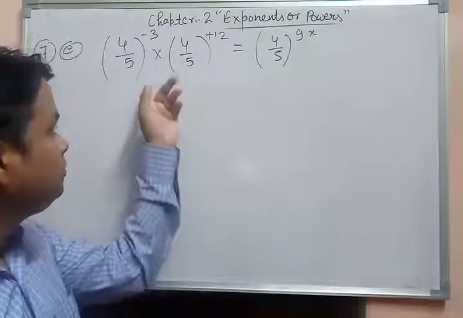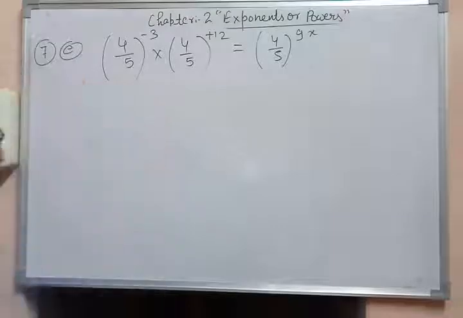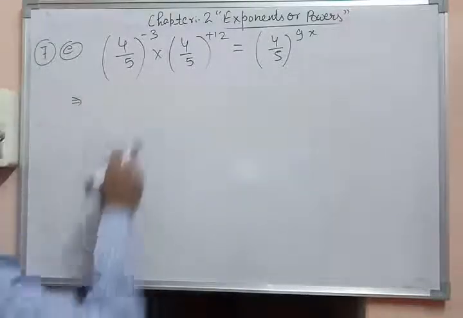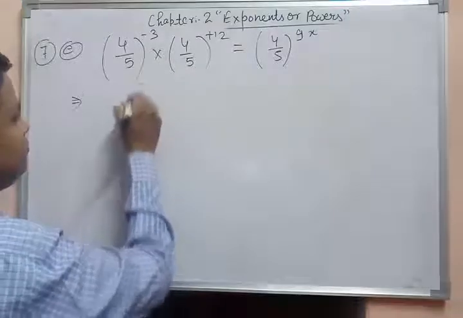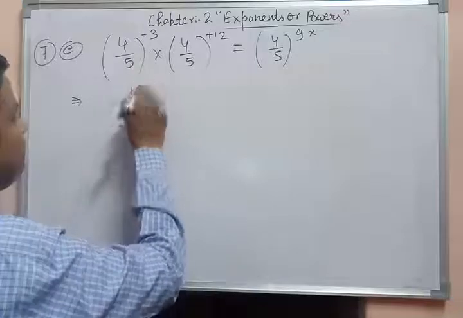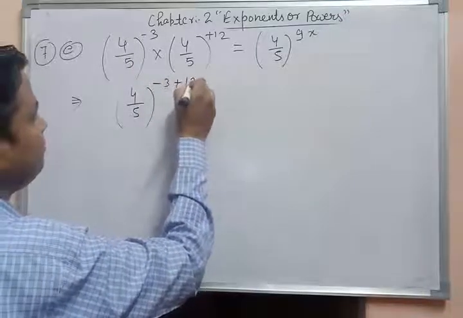Students, this is part E: 4/5 here, 4/5 here. So you have to apply laws of exponent, both bases are the same. First of all you have to add the powers, -3 plus 12.